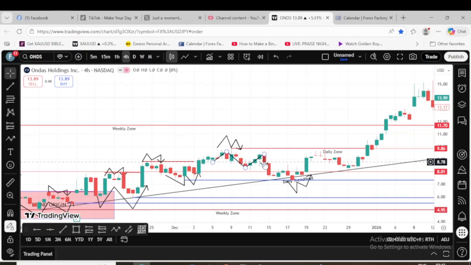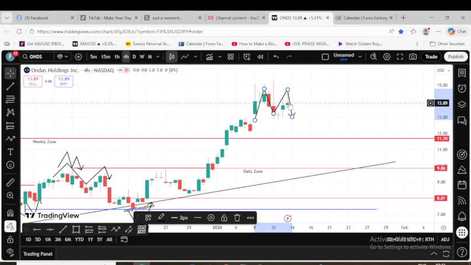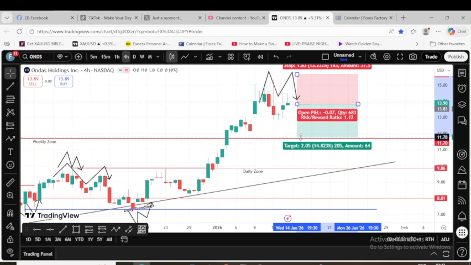So if price shows us an M pattern, that means I will be looking to short this pair, to sell for a bit here, because each of the M patterns was only good for a slight retracement.